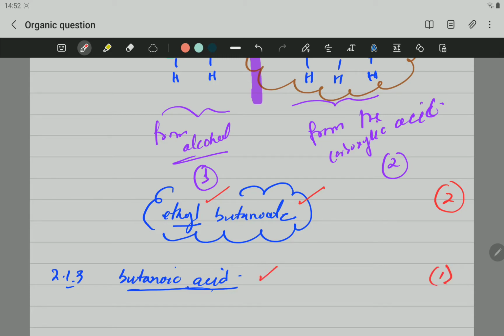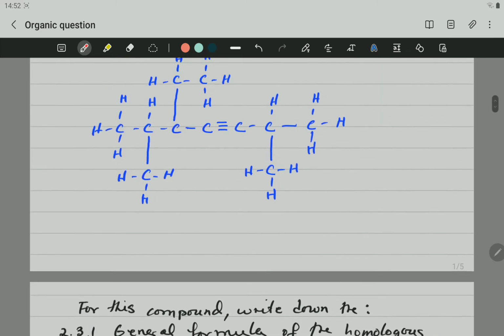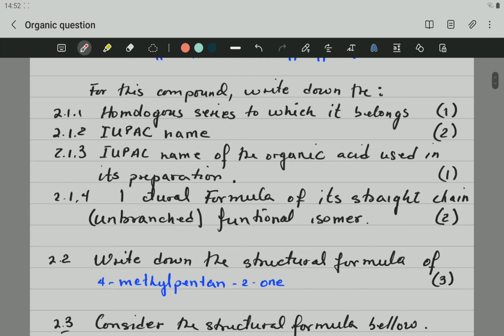Okay, let's go to the next question. Just give me a second to fix this one. Okay, the question says: structural formula of its straight chain unbranched functional isomer.